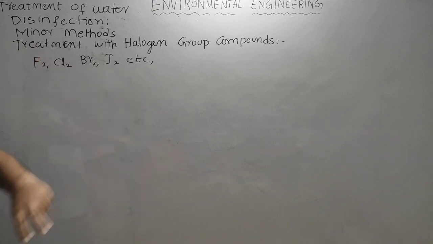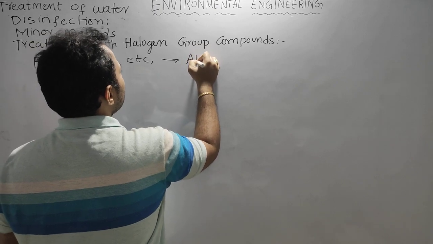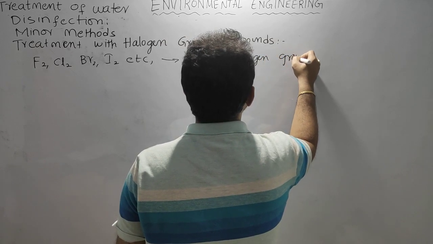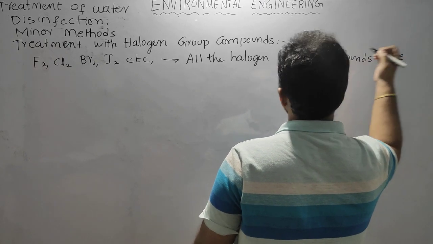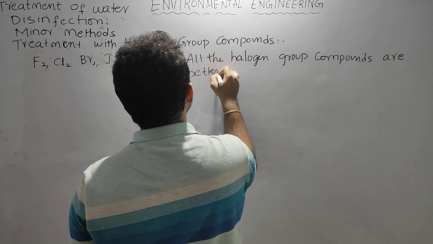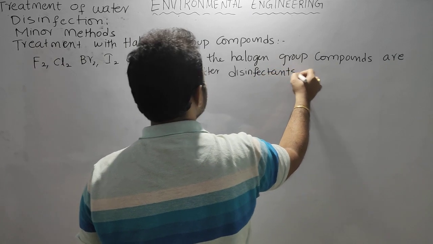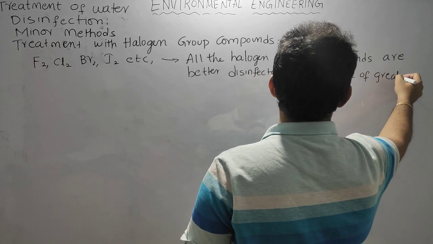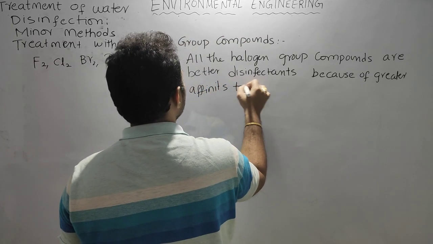All the halogen group compounds are good disinfectants because of their greater affinity to attain noble gas configuration.